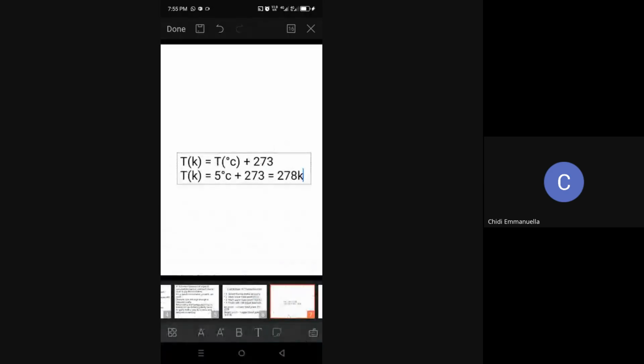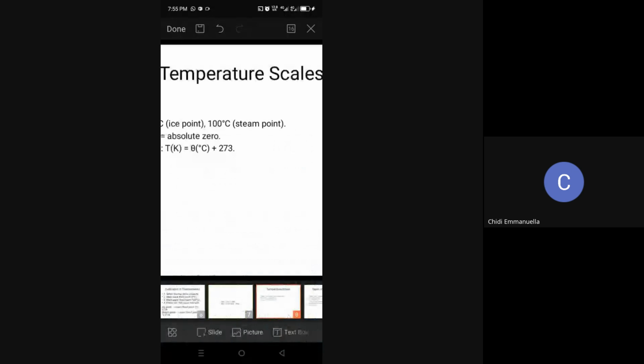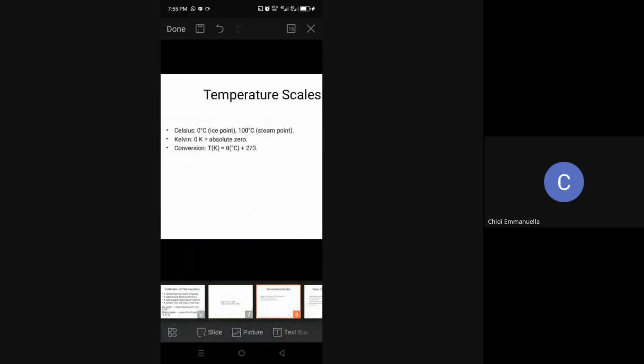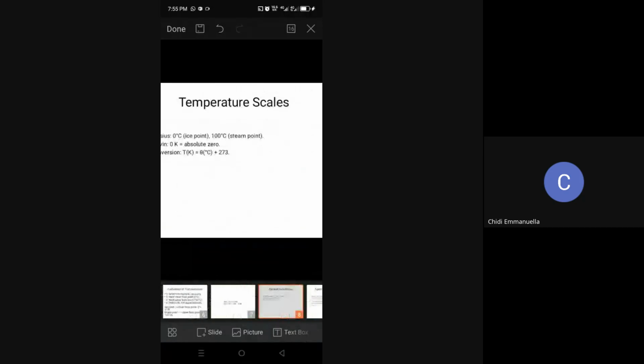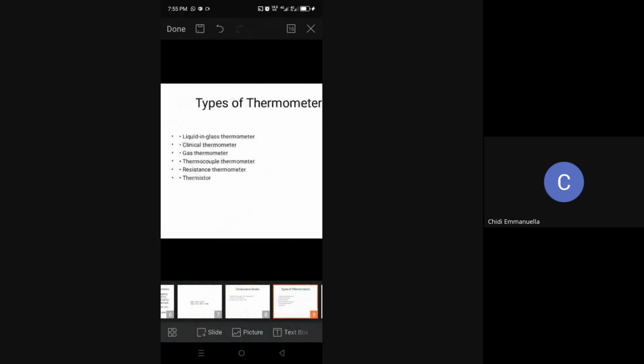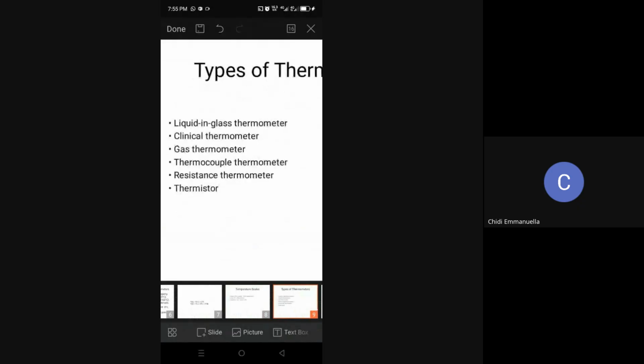So let's move on. Temperature scales, I've explained that: ice point, steam point, conversion. Then types of thermometers, I've mentioned them also with their thermometric properties. You have liquid in glass thermometer, clinical thermometer, which is still an example of liquid in glass thermometer.